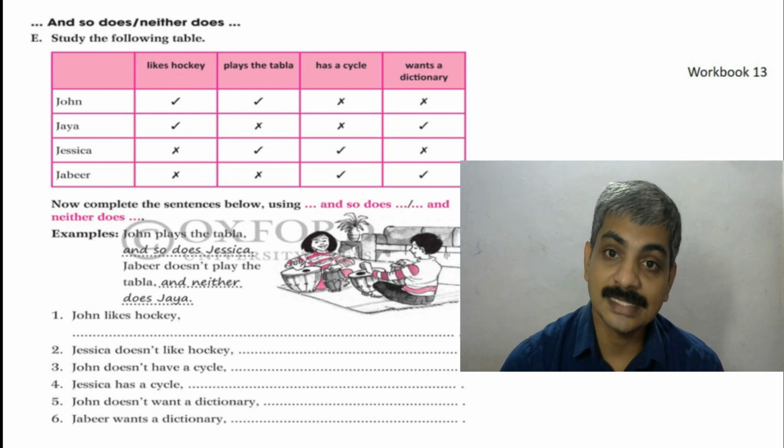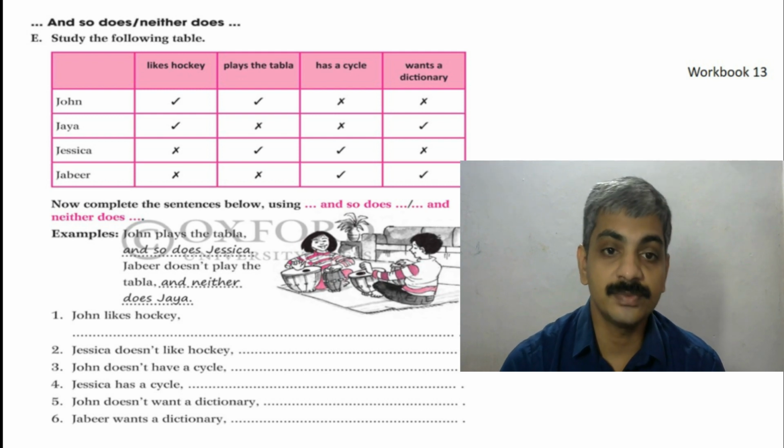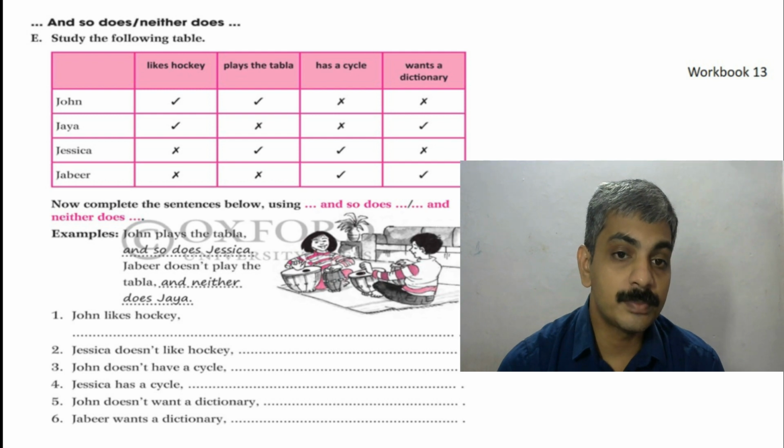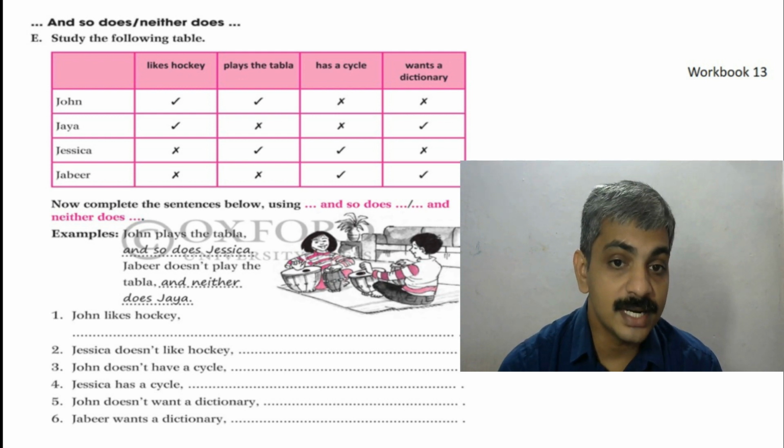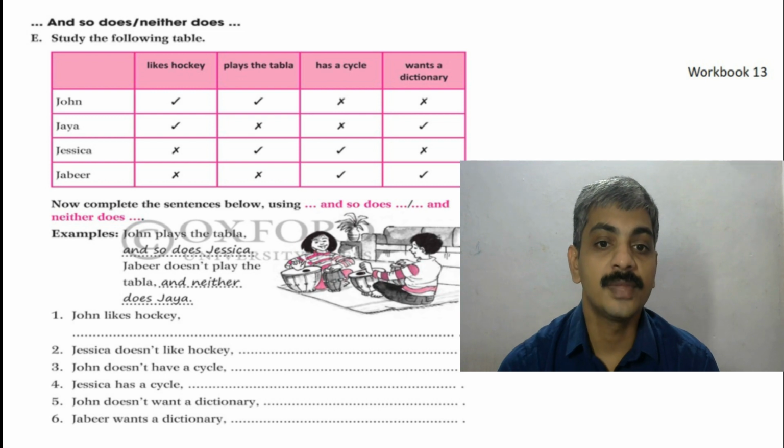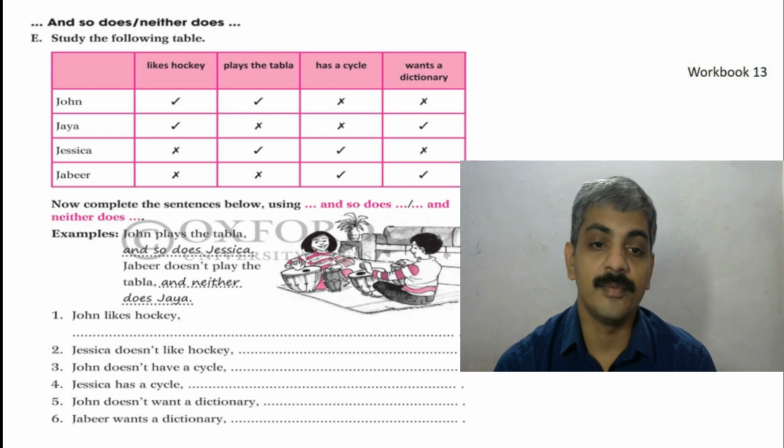Jabir has a cycle and wants a dictionary. An example is given to us. John plays the tabla and so does Jessica. Jabir doesn't play the tabla and neither does Jaya.